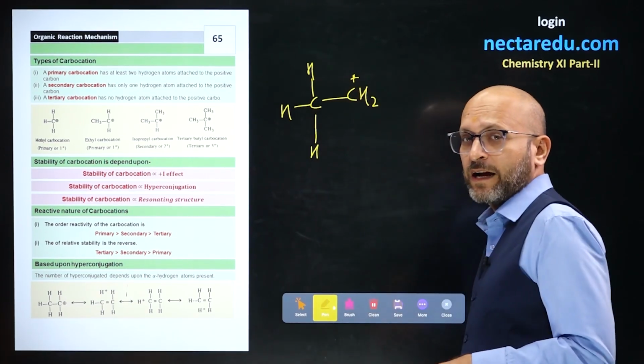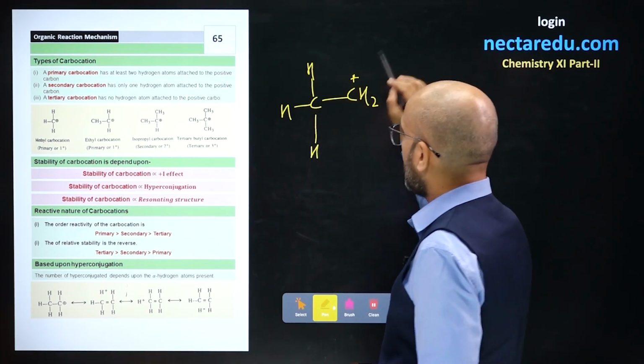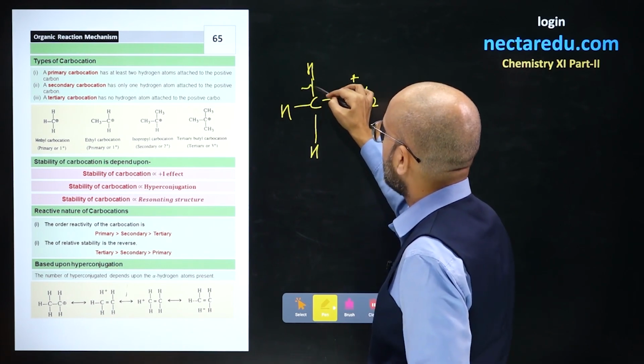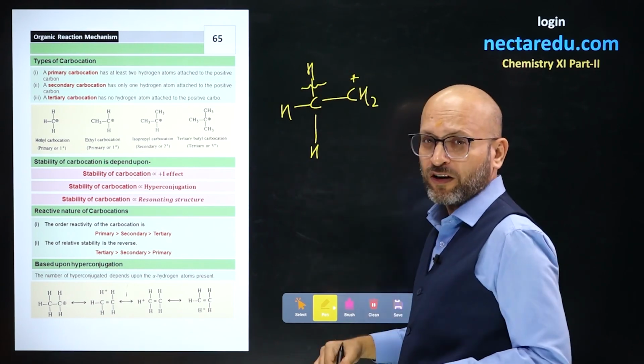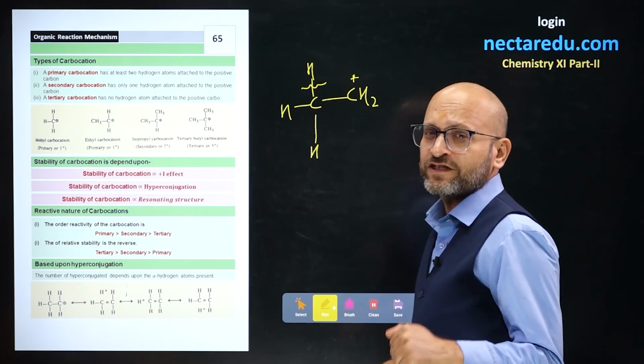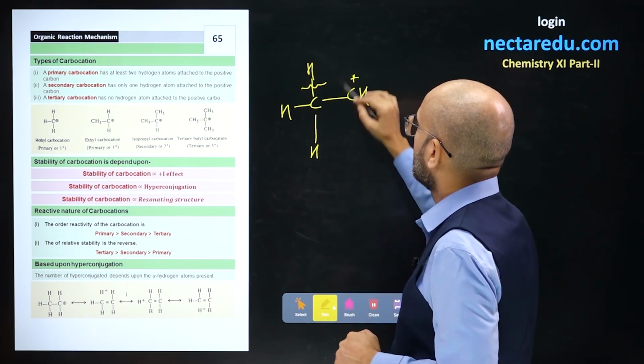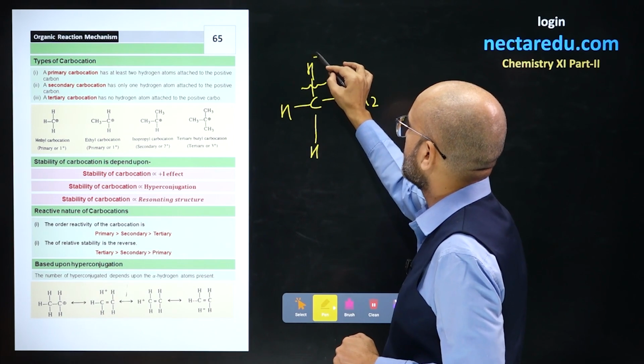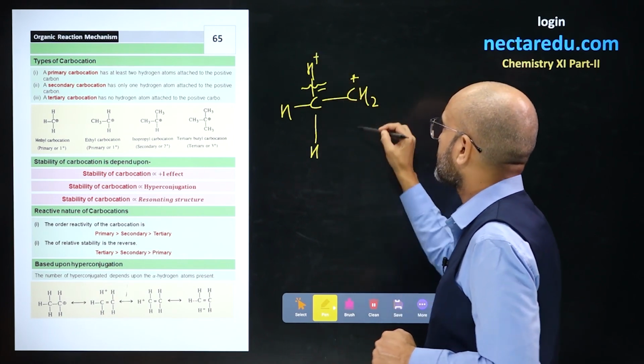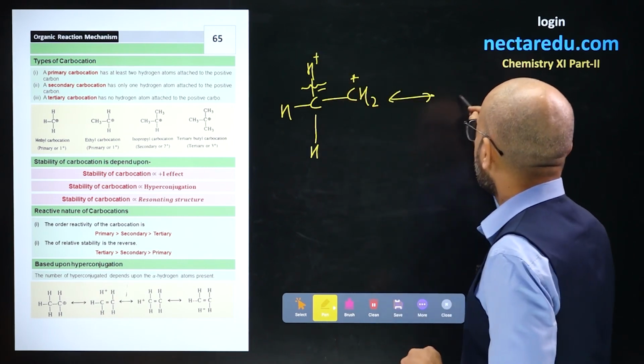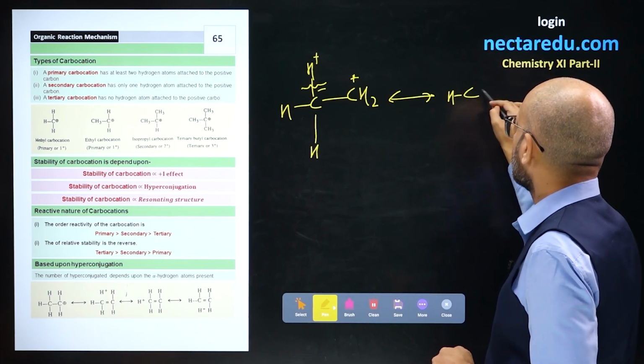For drawing hyperconjugating structures, what you have to understand is that the carbon-hydrogen sigma bond gets into conjugation with the positive carbon. So this bond breaks, this becomes plus and this becomes minus, and minus and plus form a bond. So you get a hyperconjugating structure something like this.